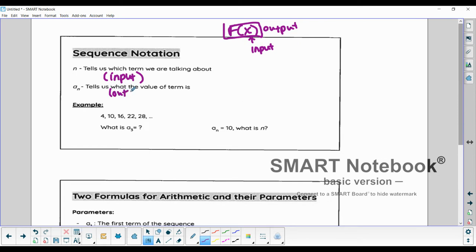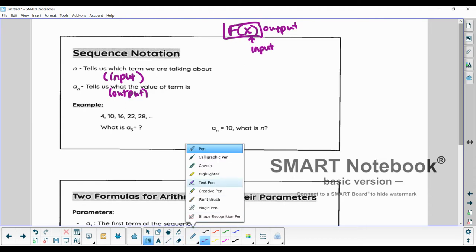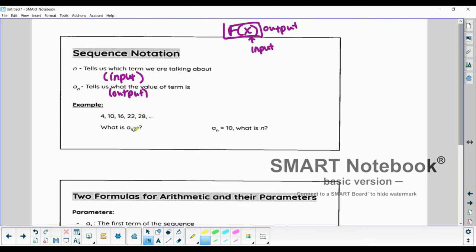This is the output. So if they ask for A sub 3, they're basically saying the third number in the list. Right here, n is 3. So if I go 1, 2, 3, A sub 3 equals 16. The third number in the list is 16.